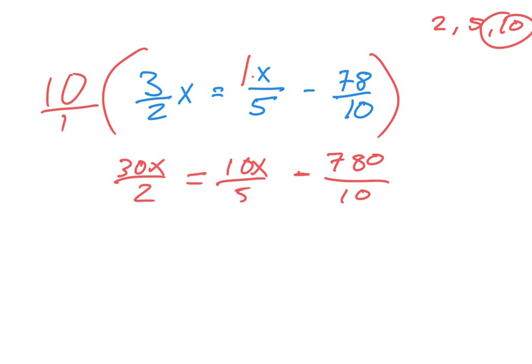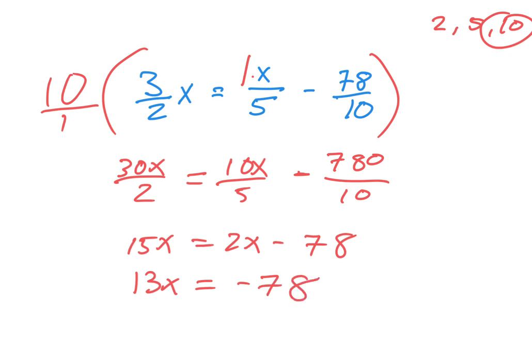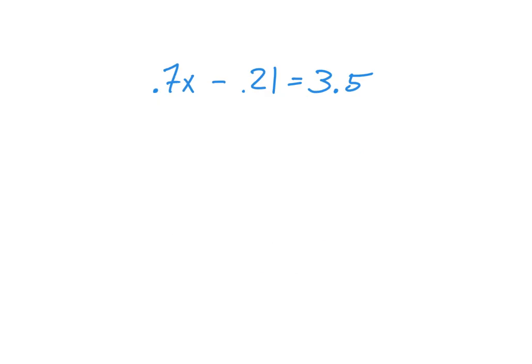We end up with 15x, because 30 divided by 2 is 15, equals 2x minus 78. Subtract 2x from both sides, so I have 13x equals negative 78. Then divide both sides by 13. I'll leave that to you.